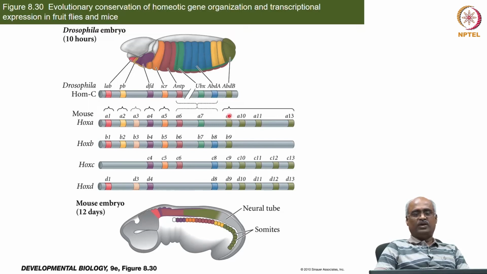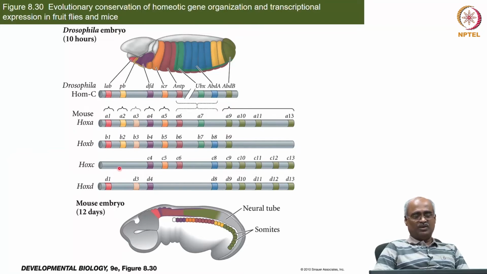Like for example, if you take A9, so A9 is an ortholog of the Drosophila abdominal B, and that has 4 copies, meaning 4 paralogs. So abdominal B is the ortholog, meaning similar sequence in another organism, and similar sequences in the same organism are the 4 paralogs.